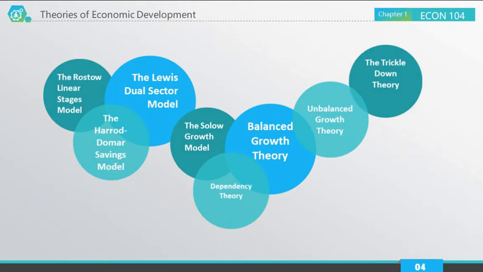Next po is the dependency theory. So by the word dependency, nakadepende. Okay? So may mga bansa kasi na kung saan may mga tinatawag tayong mga alliances. Whatever the alliances of countries, nagkakaroon sila ng dependency. Nagiging dependent sila. Parang ganito lang yun sa groupings, di ba?